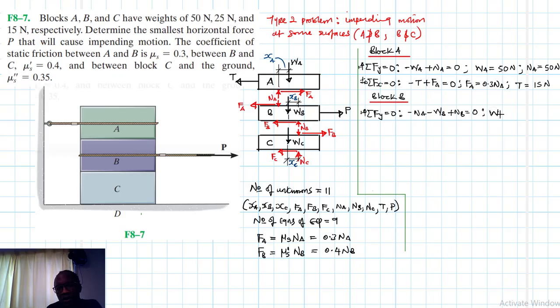We know that WB is just going to be equal to 25 newtons. Therefore, NB is equal to NA plus WB.